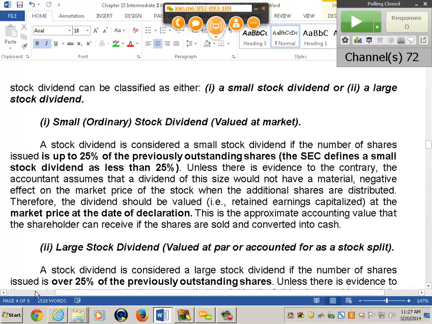I'm going to give you a clean cutoff just for exam purposes. Up to 25% of the previously outstanding shares, we would say that yes, stock price will decline proportionately, it has to. But 25% is not material, unless you have evidence to the contrary.